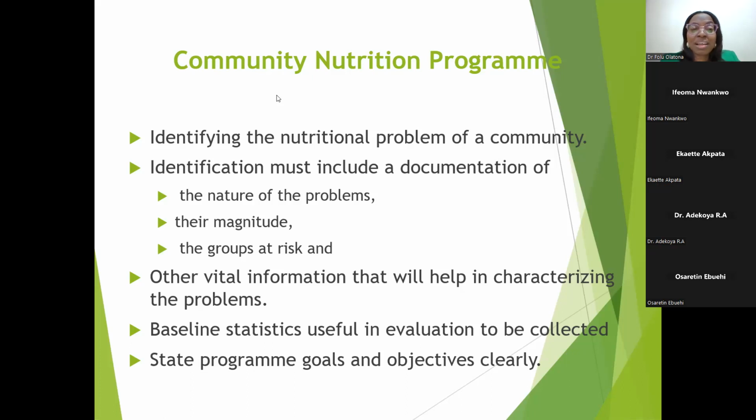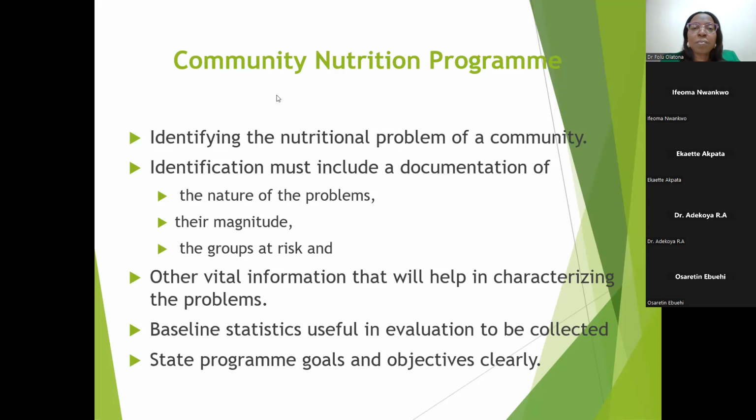So it's important to know those things, because in the process, you identify those who are at highest risk, since resources are always scarce. You also obtain other vital information that will be useful in characterizing the problem so that you can know where you are going, and then you get the baseline statistics.